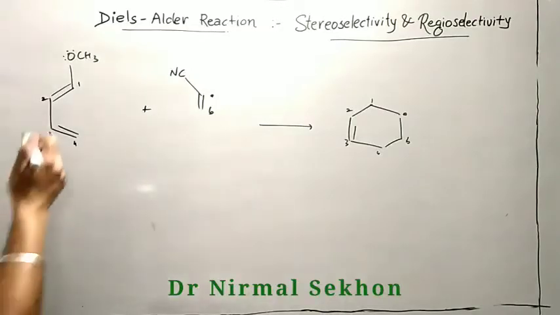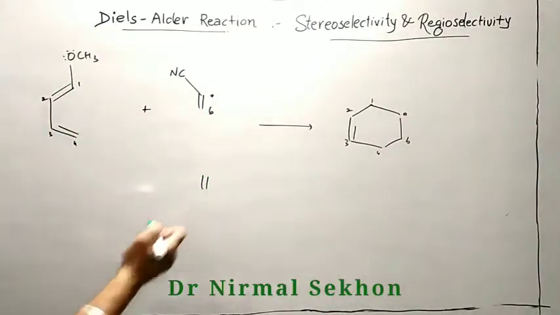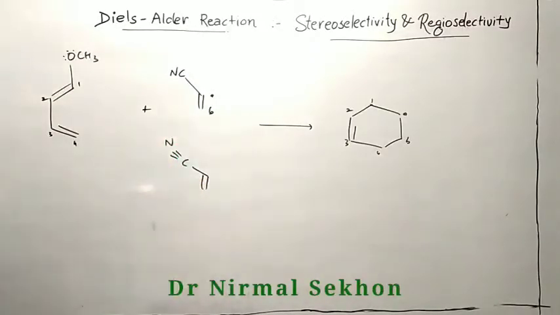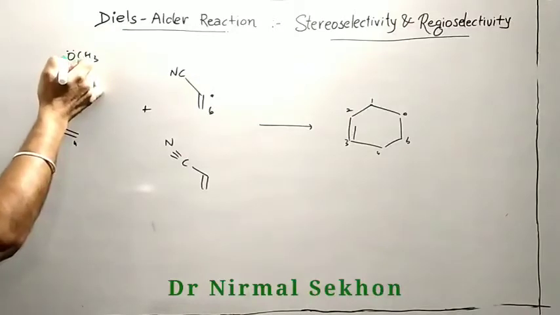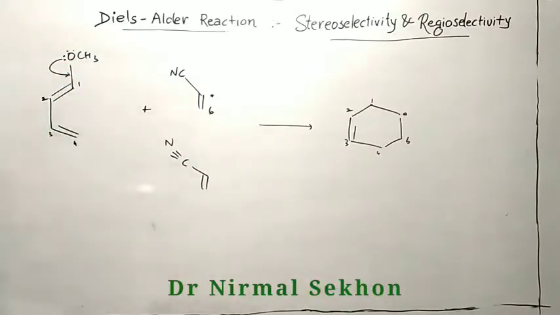Now in this case we can write it like this: a double bond, and we have a C triple bond N. Now this lone pair of oxygen donates electrons, due to resonance, because it is an electron donating group overall.